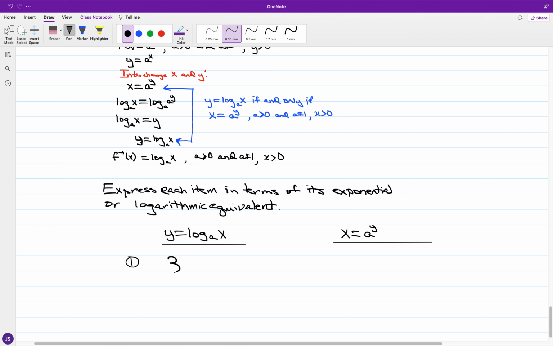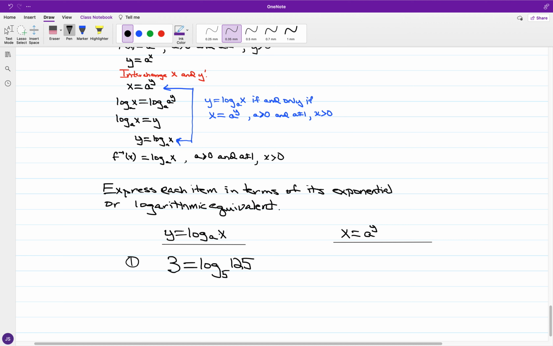So again, if I have like 3 is equal to the base 5 logarithm of 125. And let me mention, if I have the logarithmic term on the left and the constant on the right, I can just use the commutative property and place the constant on the left and the logarithmic term on the right.